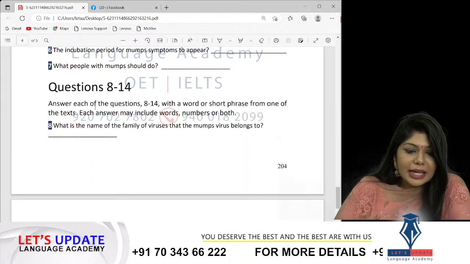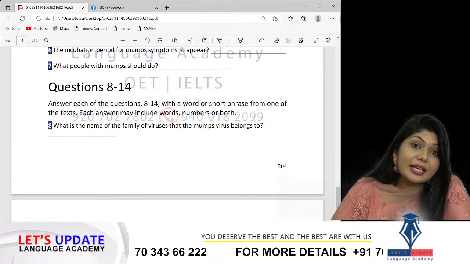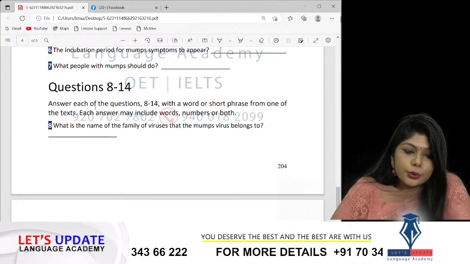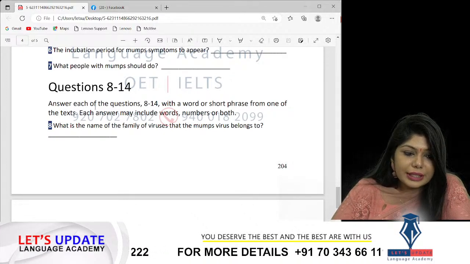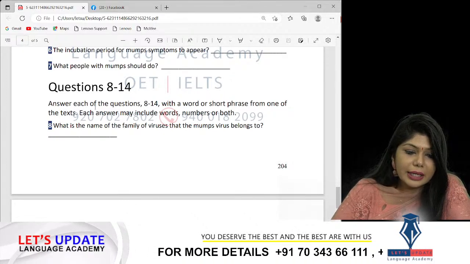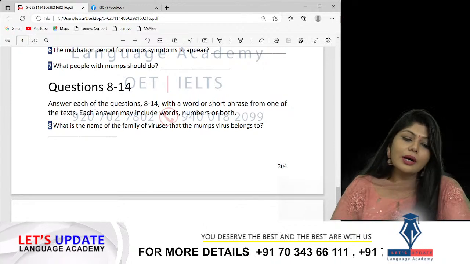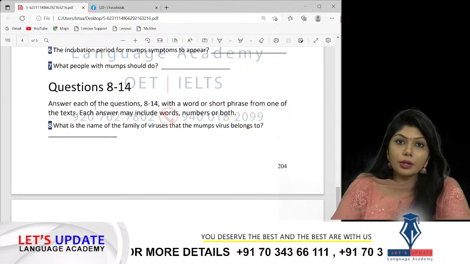And about questions 8 to 14, as you can see on the screen, you need to answer each of the questions with a word or short phrase from one of the texts. The answer may include words, numbers or both.